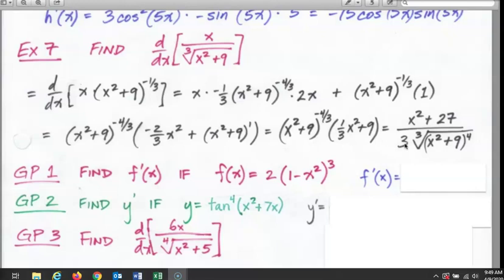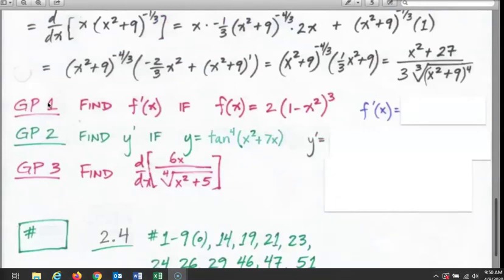The reason I'm doing that is I want to avoid complex fractions. I can't just put this whole thing in the top and put this whole thing in the bottom, because then I'll have a 1/3 x up here, and I can't have a fraction in a fraction. So I'm going to change this whole thing so it looks like x squared plus 27 all over 3, and the 3 comes down here, and the x squared plus 27 goes up there, and that's it.